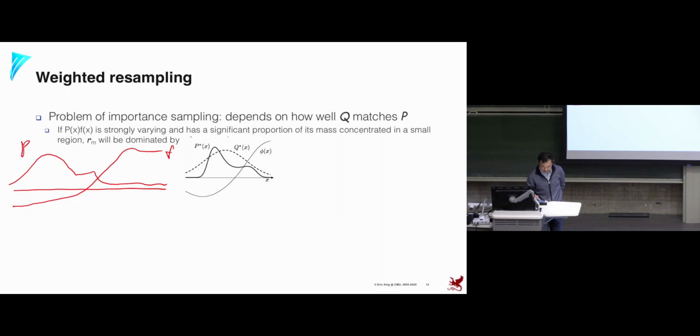Unfortunately, I guess the Q, I will choose another color. So let's say I have a distribution like that.